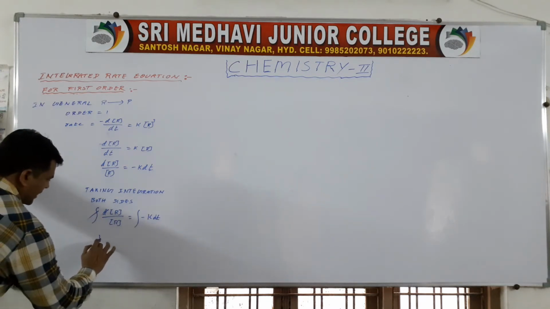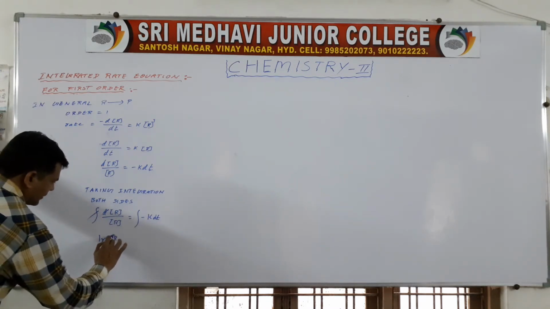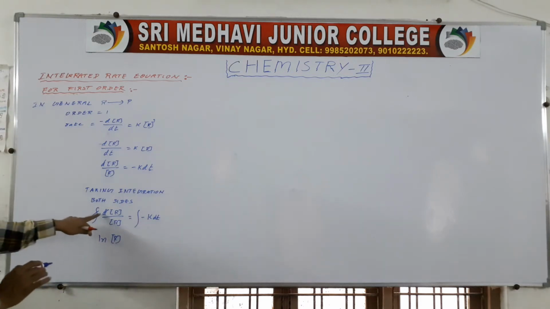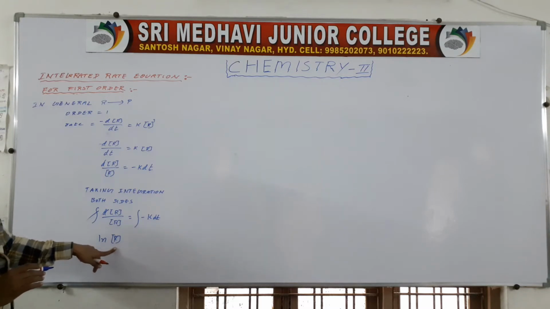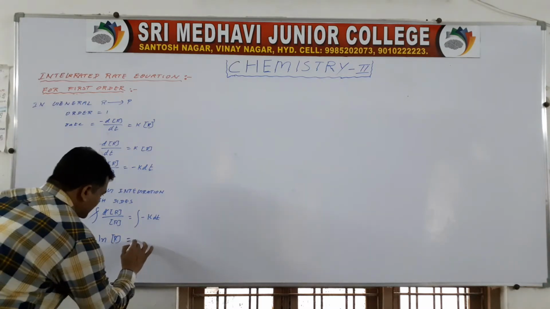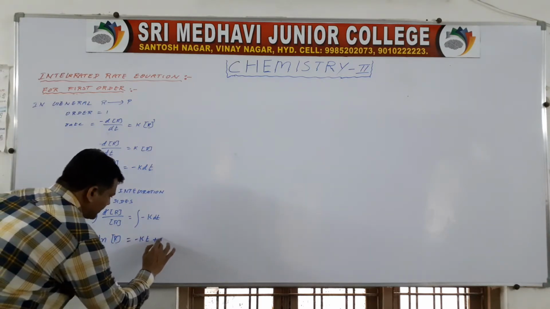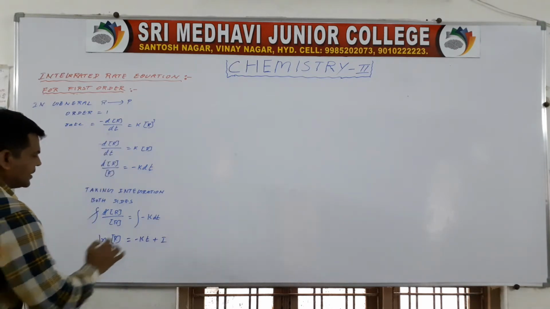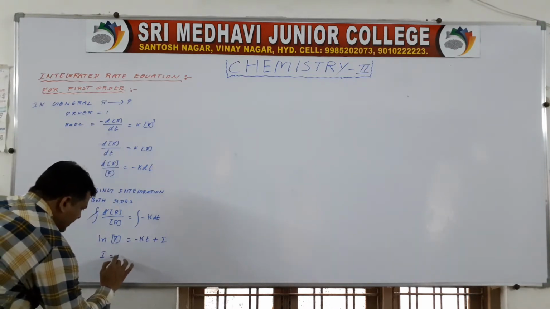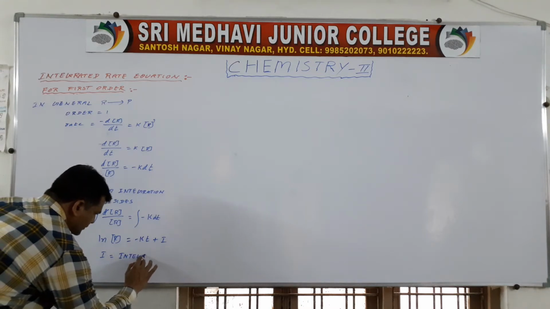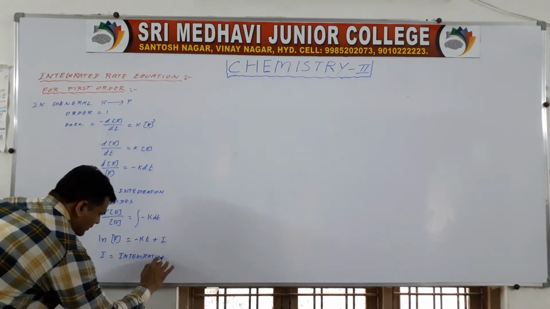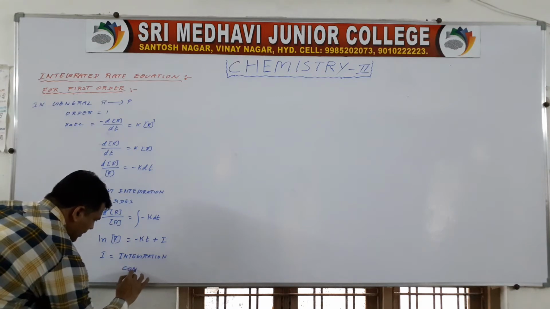Then natural logarithm of [R]. Since it does not have a differentiation, it is converted into natural logarithm of [R] equals minus kt plus I, where I equals the integration constant.